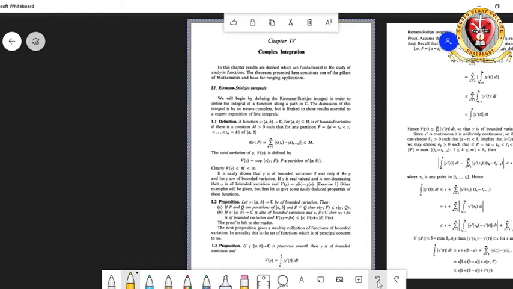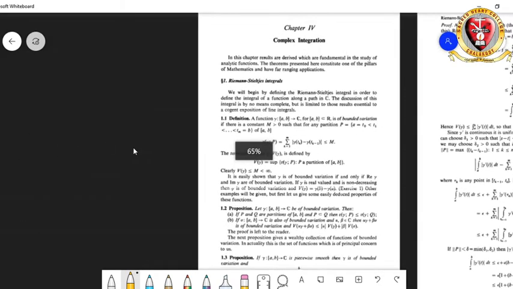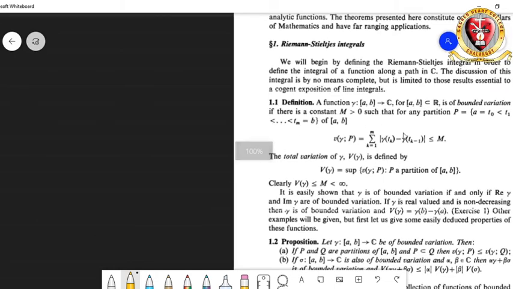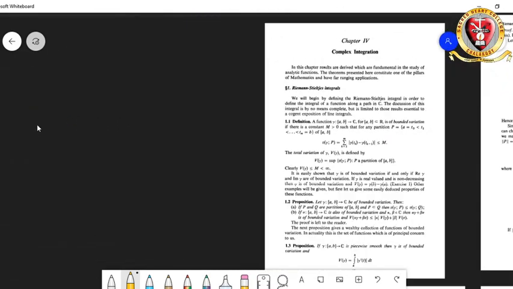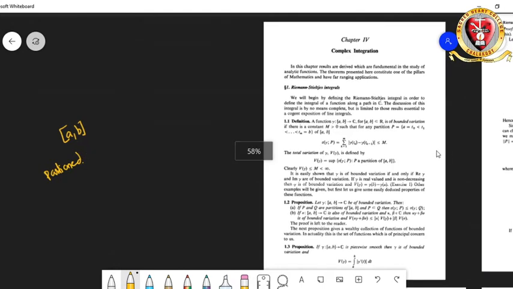for any partition P which is partitioning our closed interval [a, b], that is, suppose this is the closed interval [a, b], it is partitioned into small subintervals.